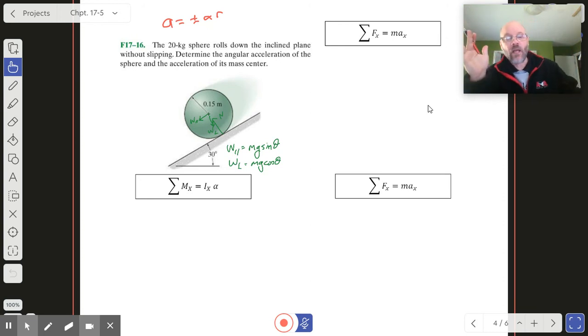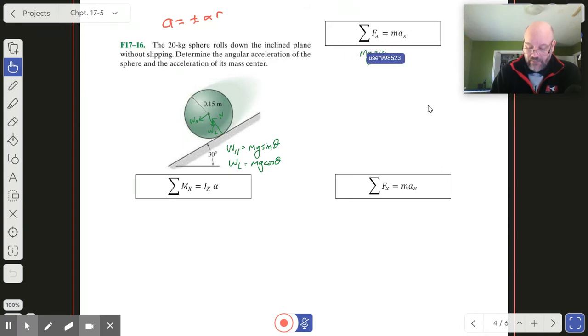If there were no friction, then the ball would actually slide down instead of rolling down. And if the ball slid down, we would have mg sine theta is ma. The m's cancel, and we see that the acceleration is just g sine theta.